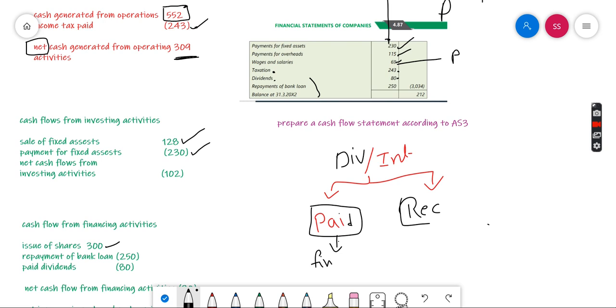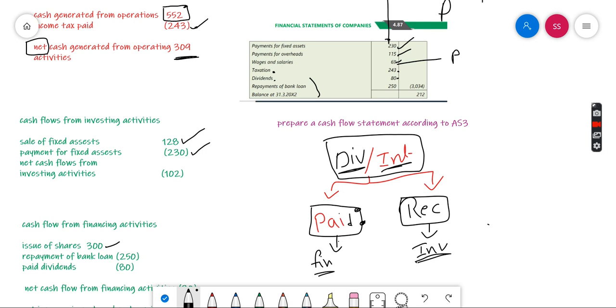If it is received, then that is investing activity, because you will receive dividend or interest when you invest somewhere else, in some other company. You pay the dividend or interest only when you issue shares, debentures, or take a loan. When you issue the shares, you pay the dividend. When you issue the debentures, you will pay the interest. Those are all related to capital, so financing activity. So when the dividend or interest is paid, that is financing activity. When the dividend or interest is received, that is investing activity.